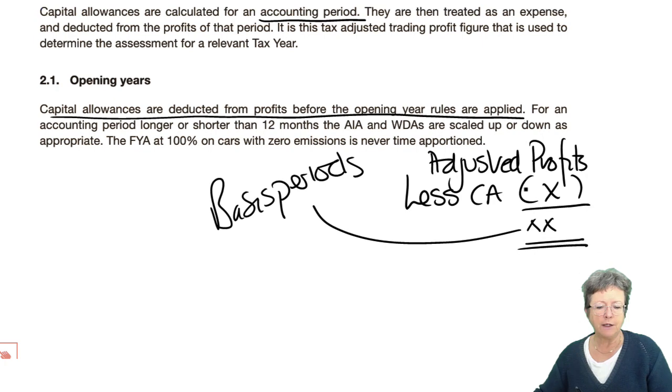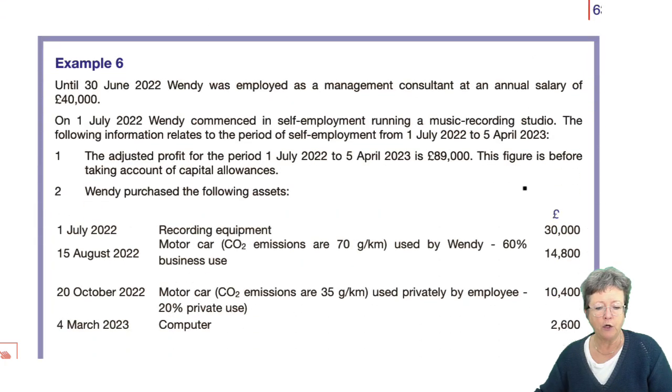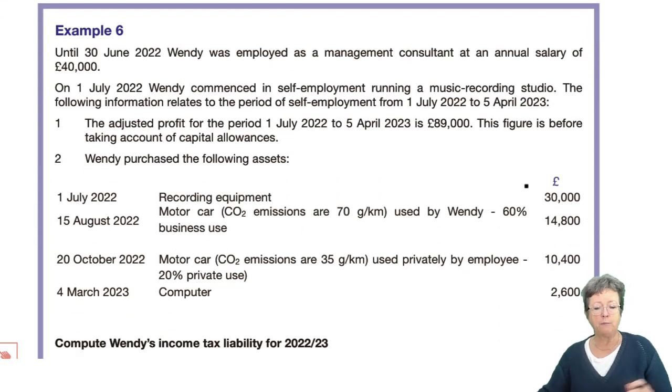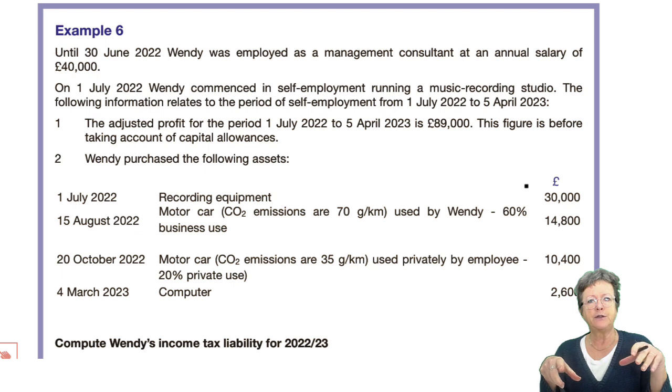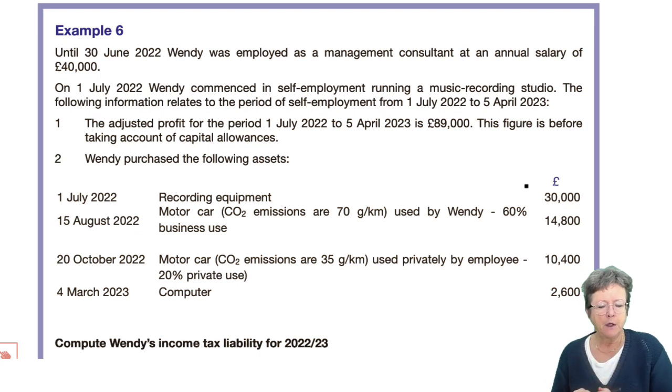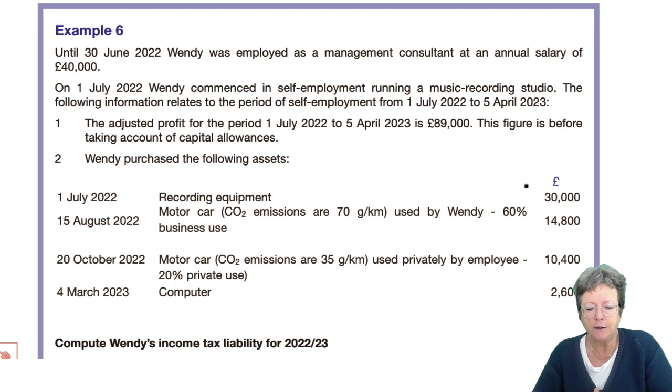Now, let's have a look at example number 6 and see how that works. So what we're going to do now is put all the various different bits together in one question. So this could be a section C 15 mark question if it had some other things just added to it. Until the 30th of June 2022, Wendy was employed as a management consultant, on an annual salary of $40,000.